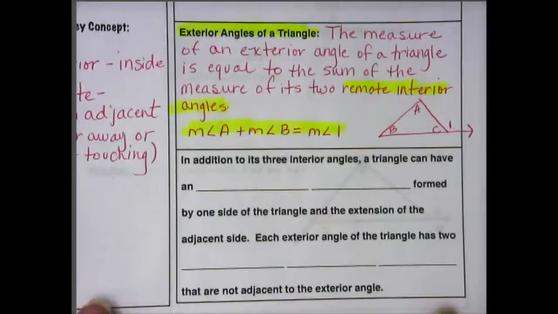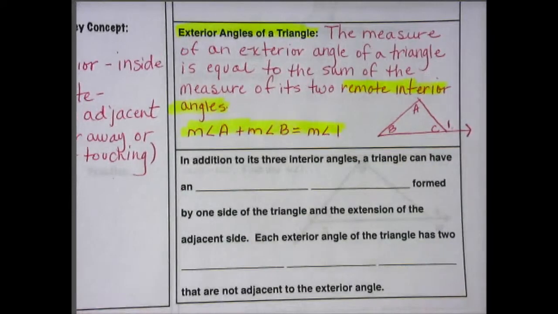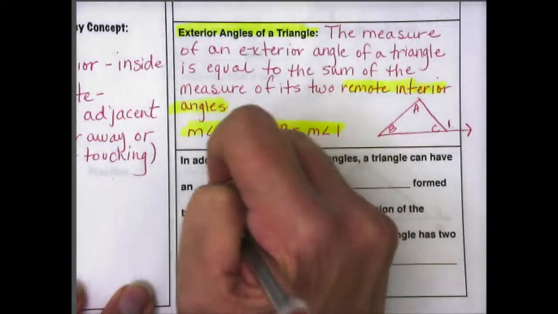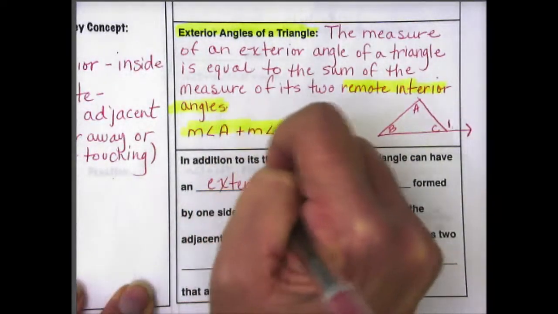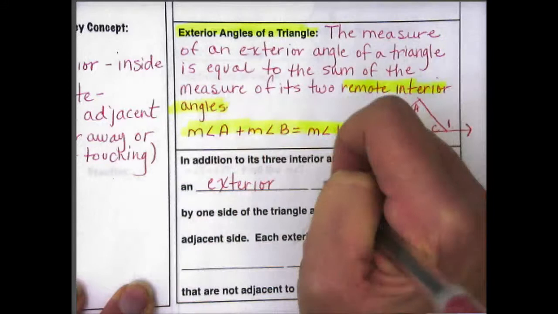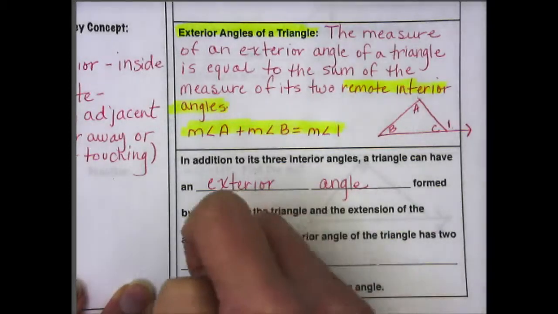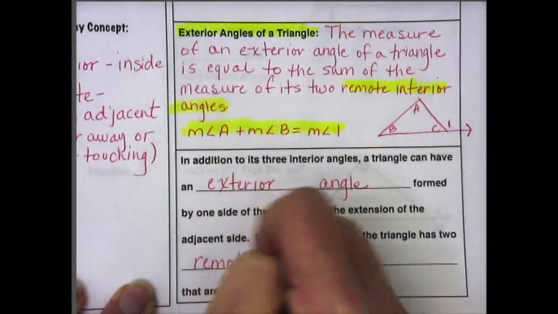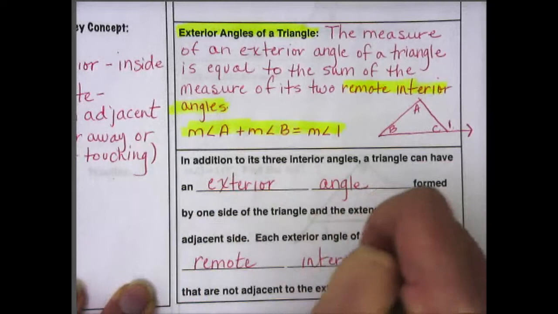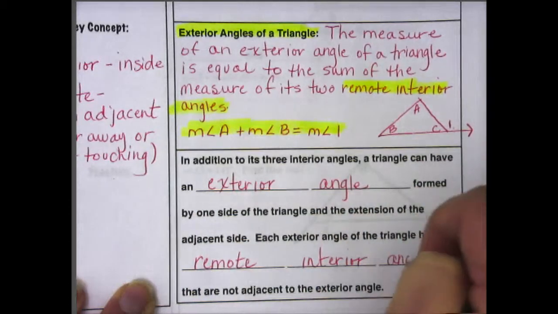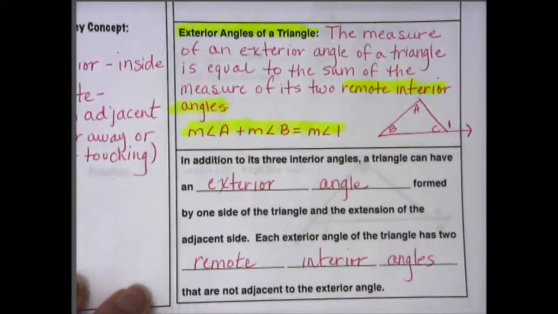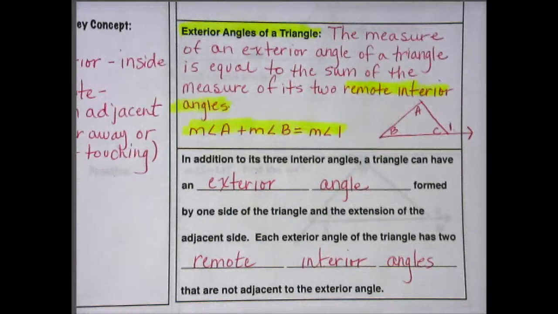All right, so in addition to the three interior angles, a triangle can also have an exterior angle formed by one side of the triangle and the extension of the adjacent side. Each exterior angle of the triangle has two remote interior angles that are not adjacent to the exterior angle.